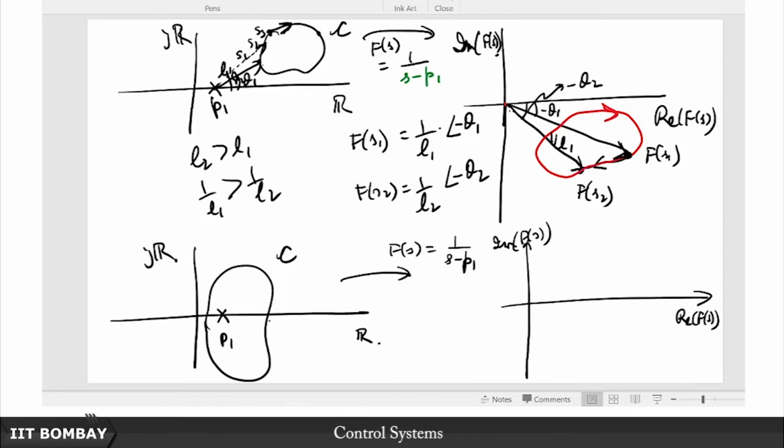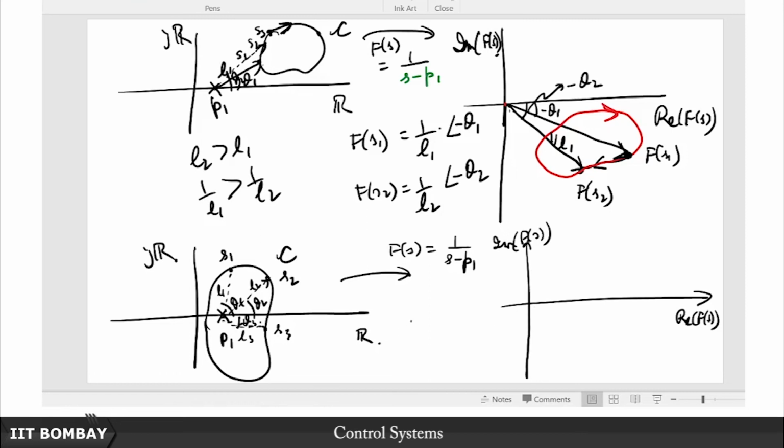Okay. So, let me take again as before some sample points to try and understand this. So, let us say this is S1, this is S2 and this is S3. Okay. All right, fantastic. So, first we have S1, so we have L1 with an angle theta 1, then we have S2 where we have L2 with an angle theta 2, and then for S3 we have L3 with an angle, let us say minus theta 3.